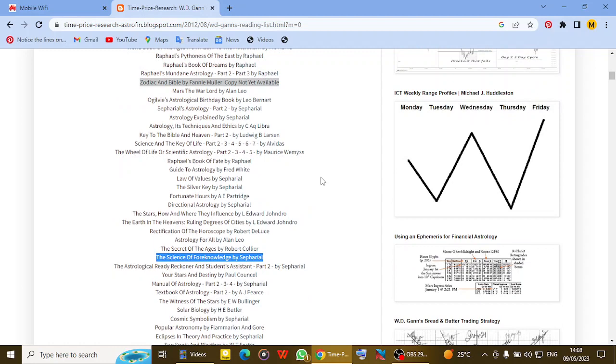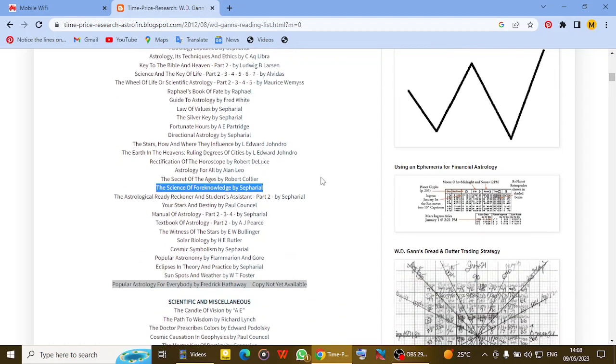So apart from that, there is Solar Biology. Solar Biology, these are particular applications to mundane astrology. So mundane astrology is location based. So if you want to not just look at how a particular type of the economy, whether it's railways or a sector of an economy, or should I say weather or transportation and all that stuff.